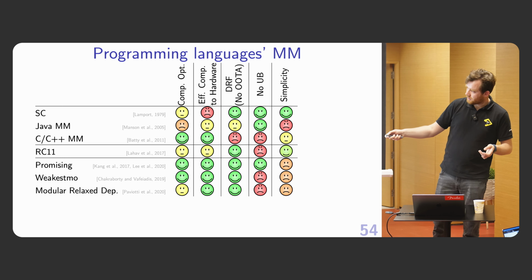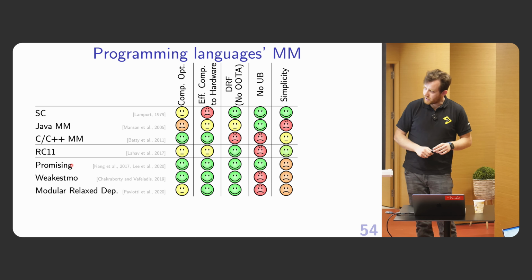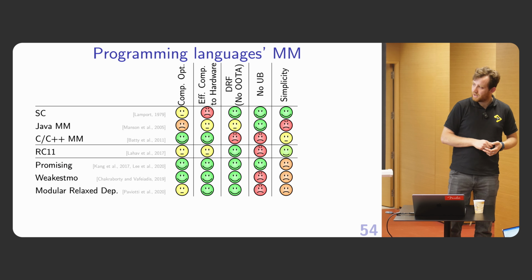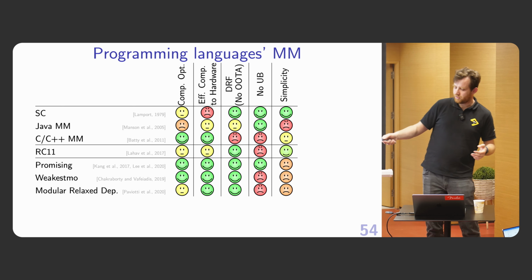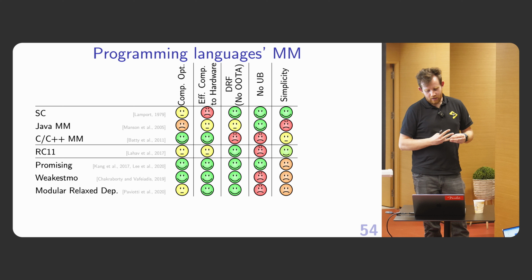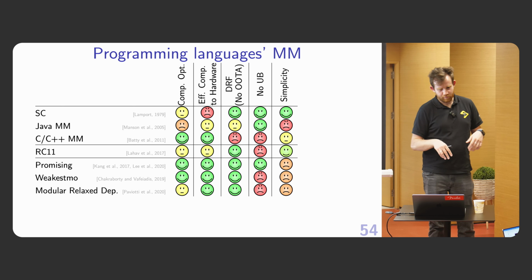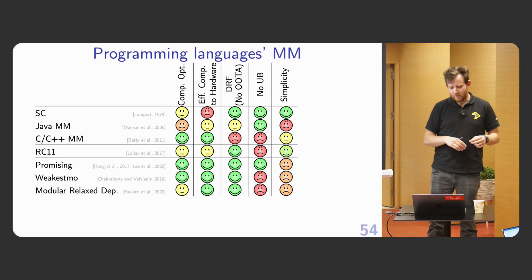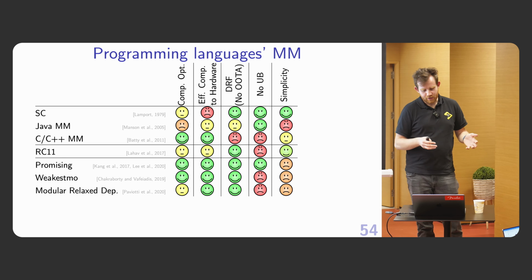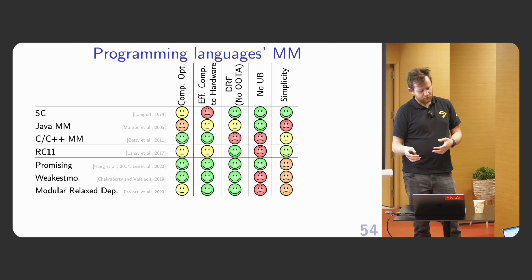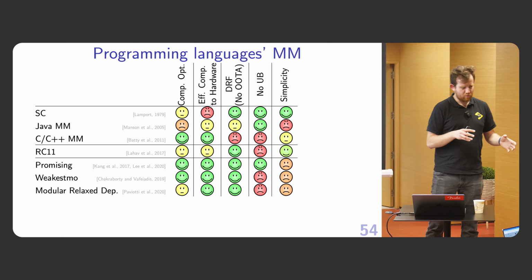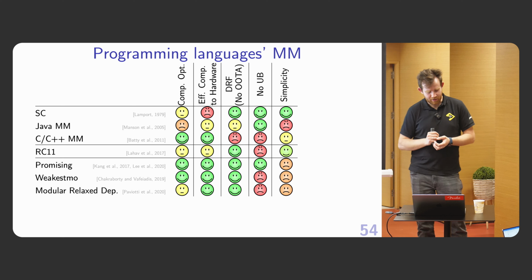For example, this promising memory model was part of a big grant which involved some people from Rust, and using these models they verified some internal implementation of libraries in Rust. But essentially, once you have a memory model for C++, most likely you'll have one for Rust too. They go hand in hand, in a sense.